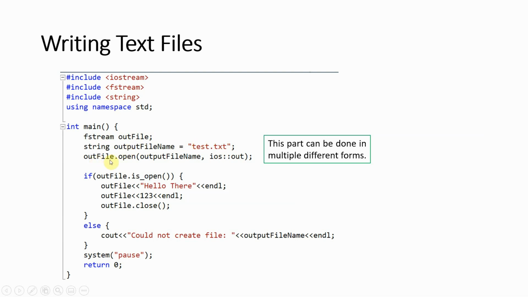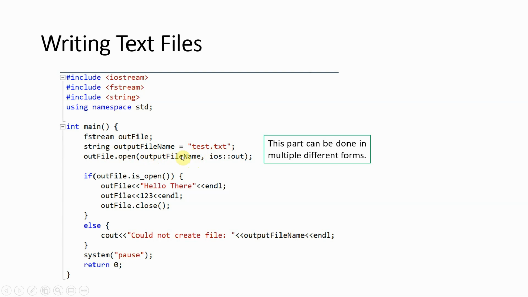We do it using the open member function of the class fstream. So you say outFile.open, and you provide the name of the text file that you want to write to.